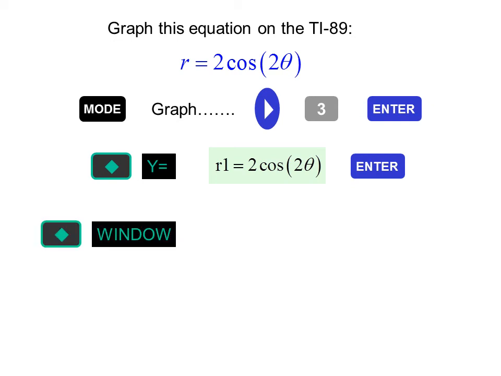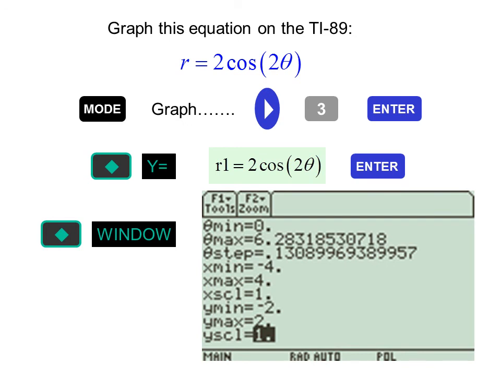Pressing diamond Window, we set theta min as 0, theta max as 2 pi, choose an appropriate theta step, set x min to -4, x max to 4, x scale to 1, y min to -2, y max to 2, and y scale to 1.